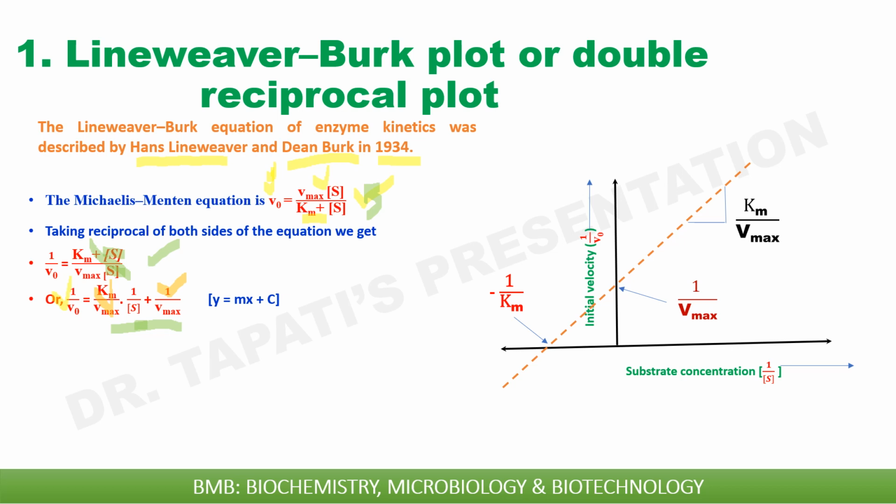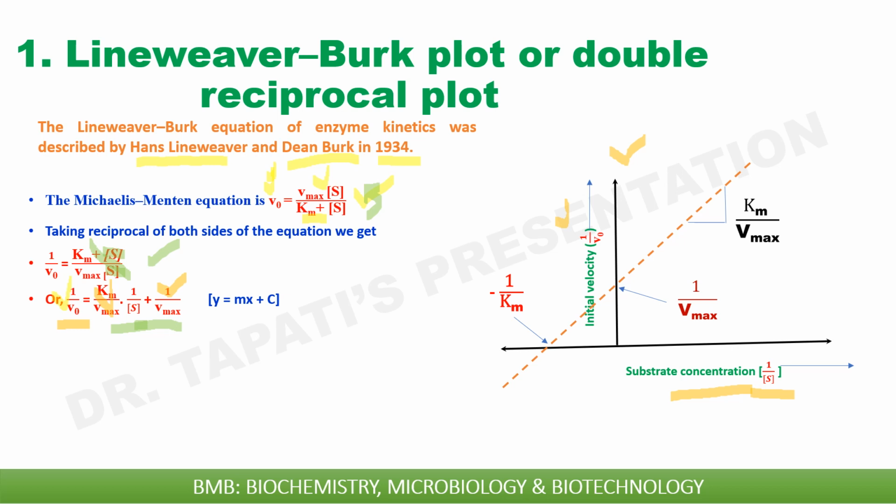You can plot 1 by initial velocity, that is 1 by V0, on the y axis, and 1 by substrate concentration on the x axis. Then we will get this type of graph, a straight line.